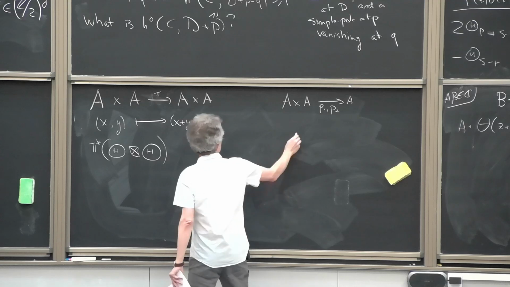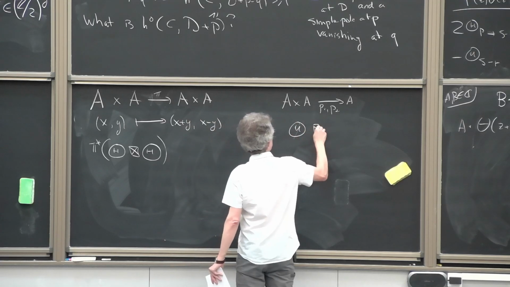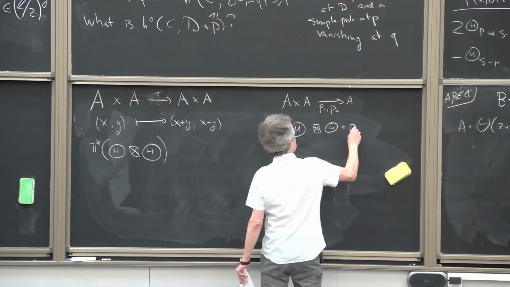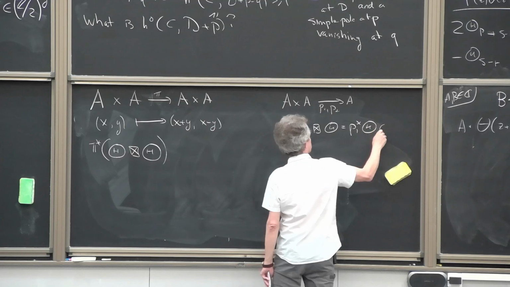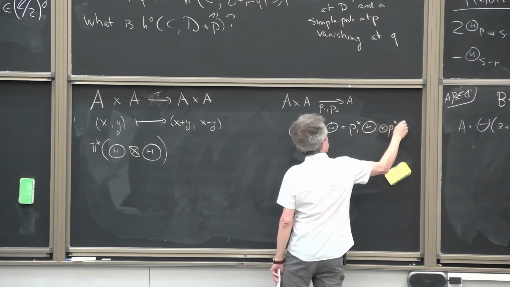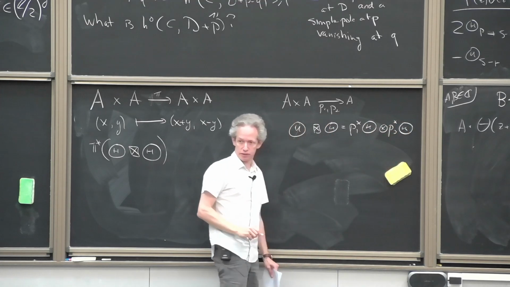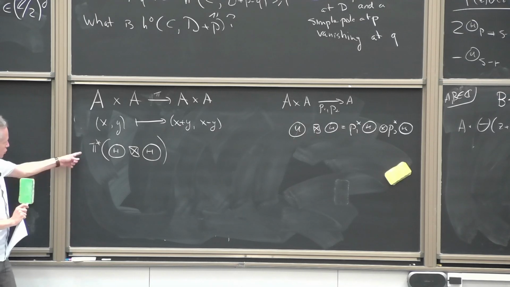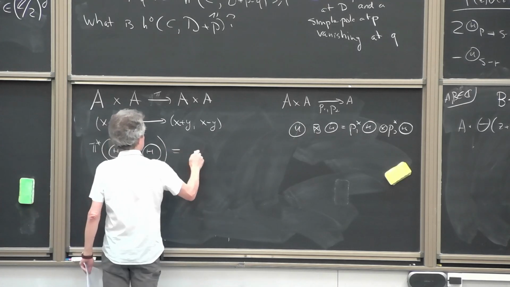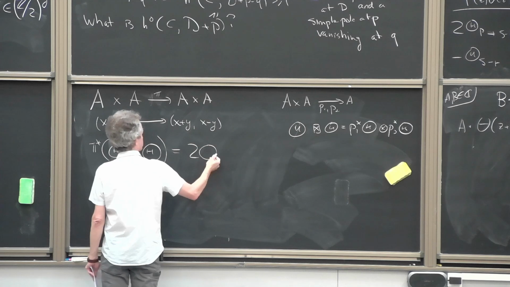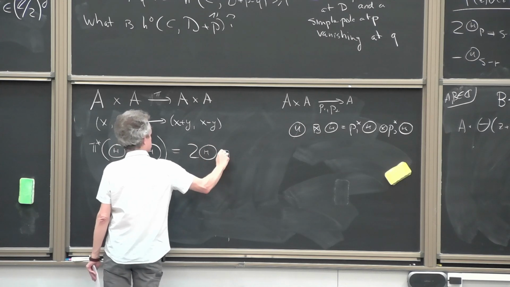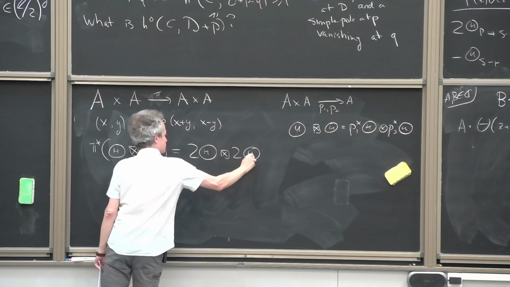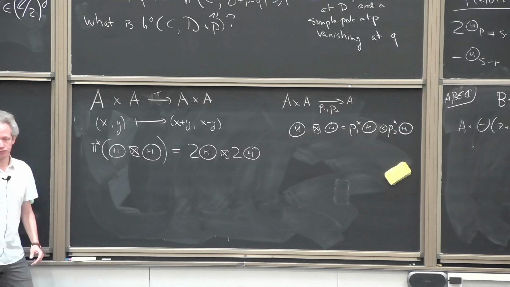This is just the pullback of theta under the first projection tensor the pullback of theta under the second projection. So this pullback is 2 theta. That you can easily check.